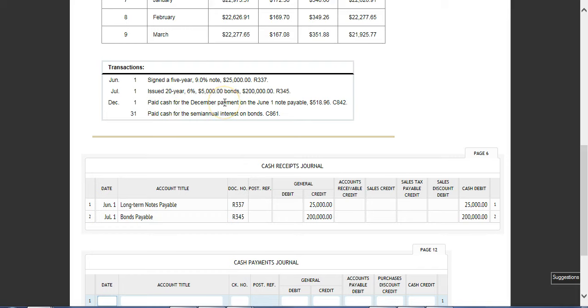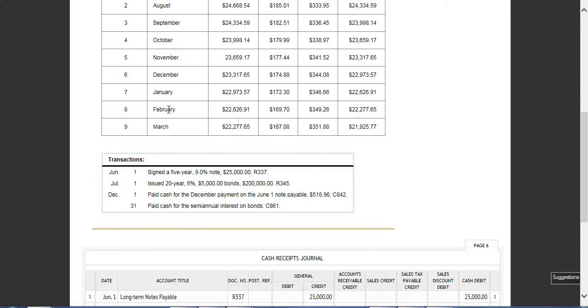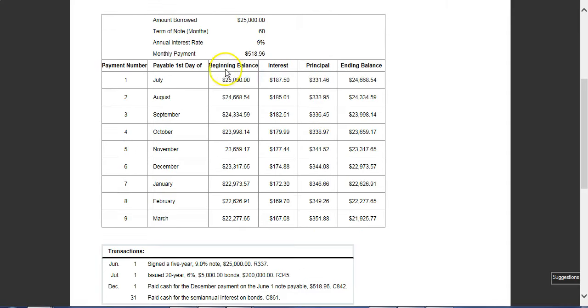Okay, the next thing we have is our cash payments journal. December 1st we paid cash, and December 31st we paid cash. So let's see, this is where we're going to have to go into this item right here. The titles are beginning balance, interest, principal, ending balance.